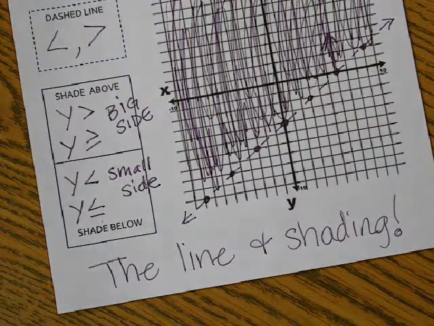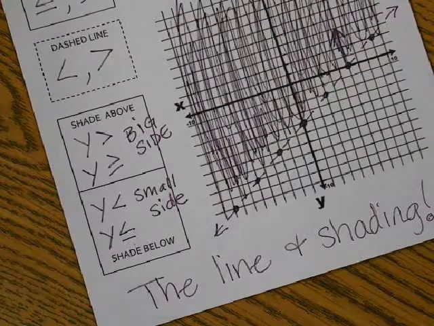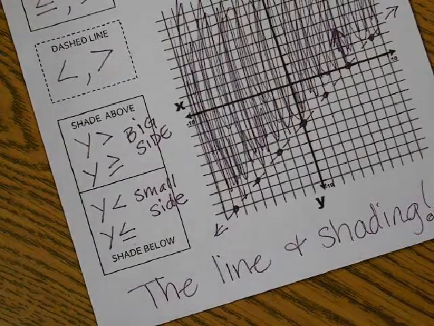Alright, so we're going to glue this in on page 38 in our spiral. And then we will be working on the worksheet that I said you needed to have out. Okay, so I'm gluing this in on page 38. Putting it in my spiral right now.